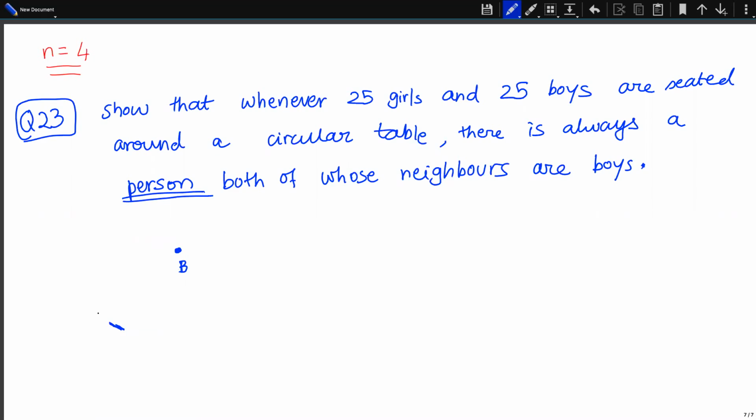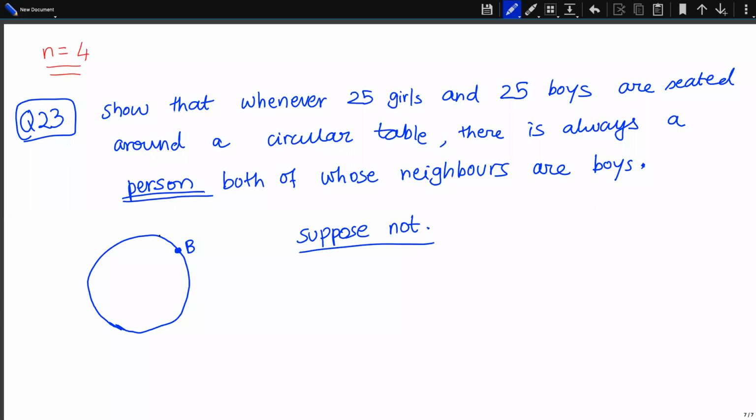So I'll first start out by drawing one such configuration, and let's start with a boy, B. Okay, now what is the thing we assume? Suppose not. So I said let's assume the contrary. So what does that imply?